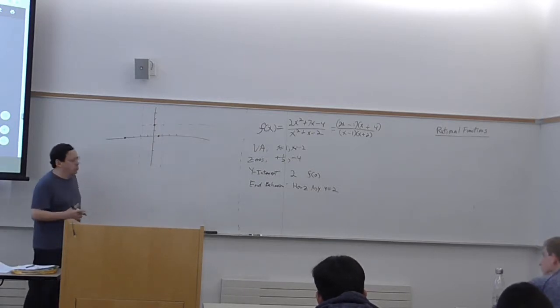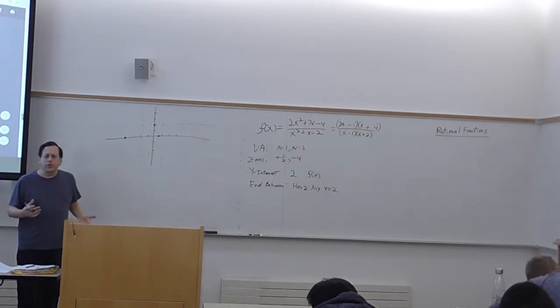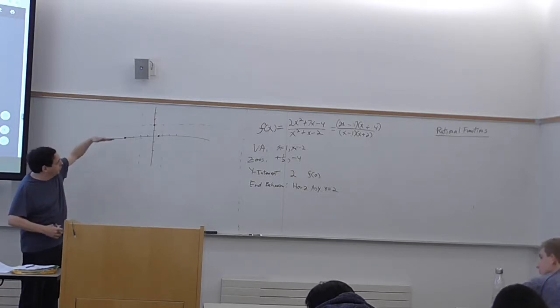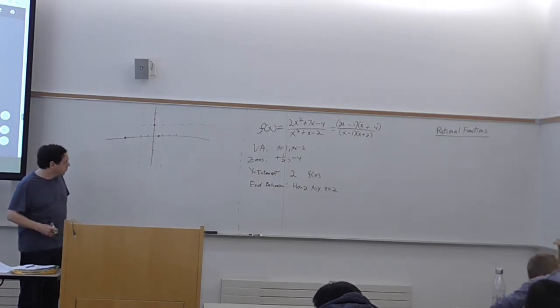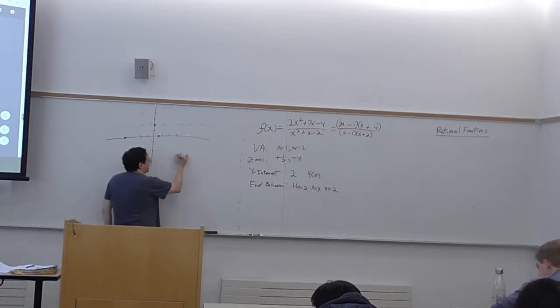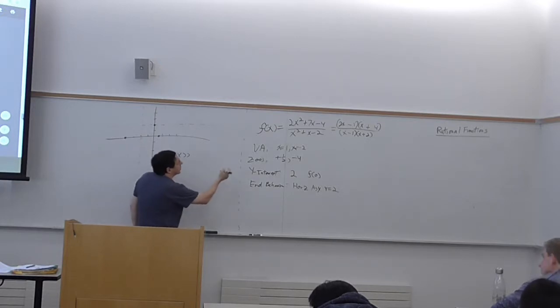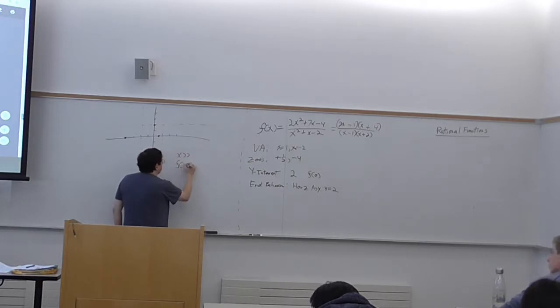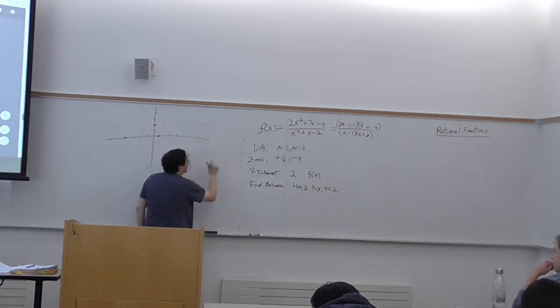We'd like to know where the function is coming at it from, right? It's either coming from above 2 or below 2. So let's pick a large number. Let's pick x very large. Let's say 10, right? So f of 10, that's out here somewhere.